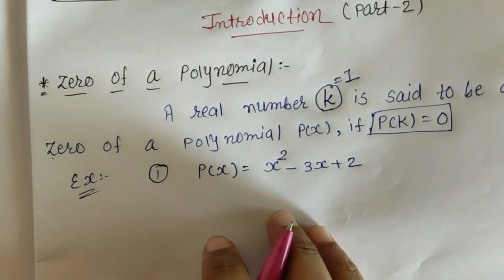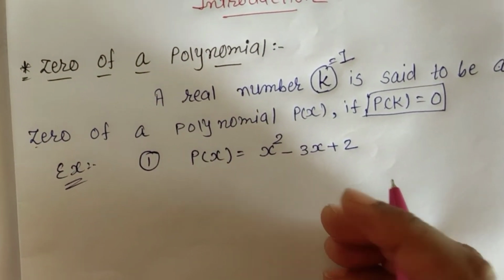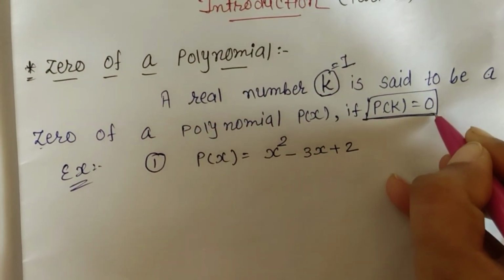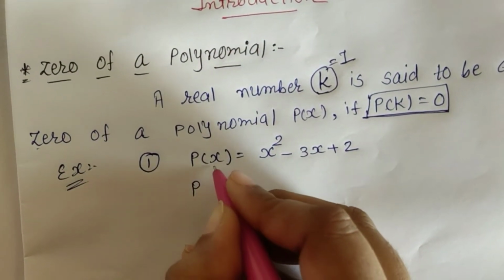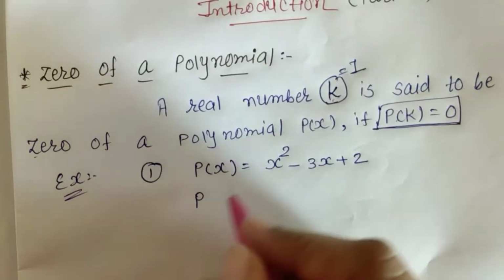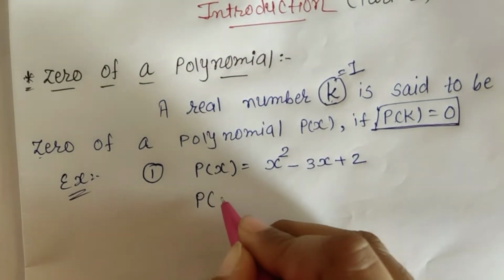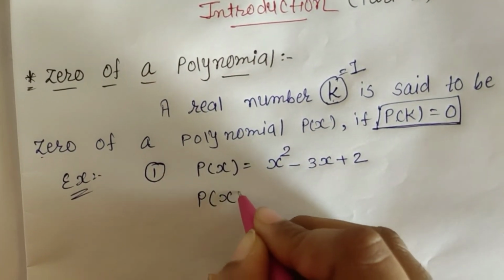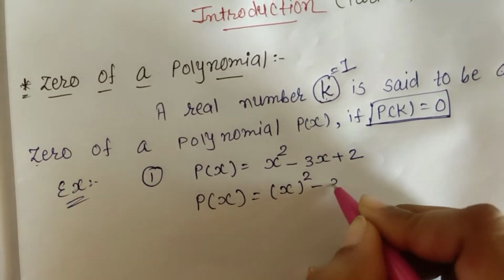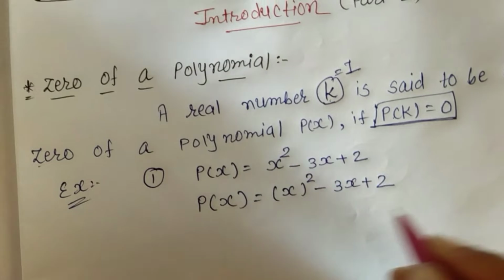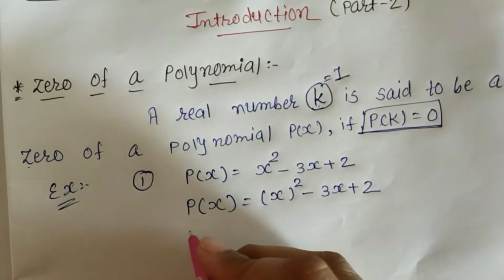So the next step is to prove that p of k is equal to 0. We write p of 1 is equal to x square minus 3x plus 2. Now we have to put 1 instead of x.